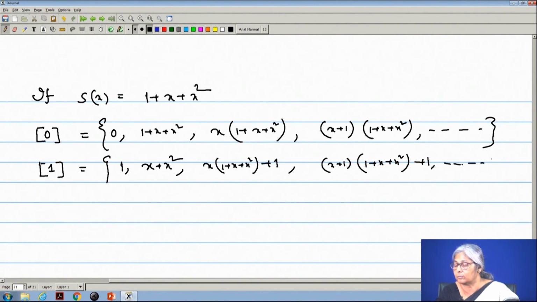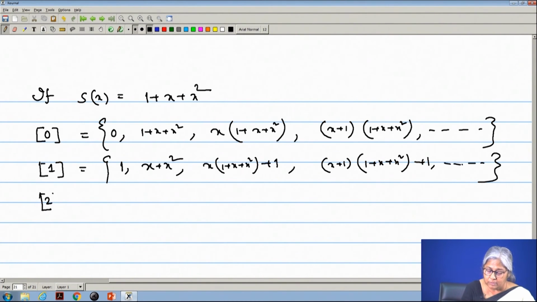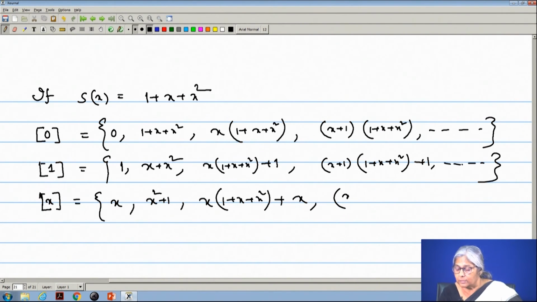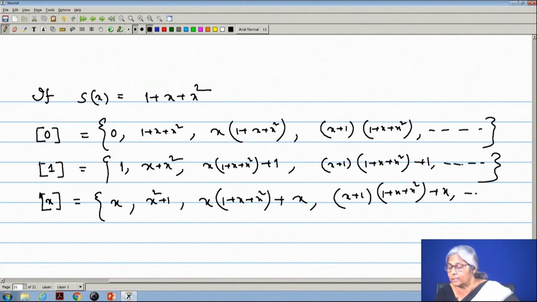For the polynomial x, it becomes x, then 1 plus x square plus x, x into 1 plus x square plus x, x plus 1 into 1 plus x square plus x, and so on.